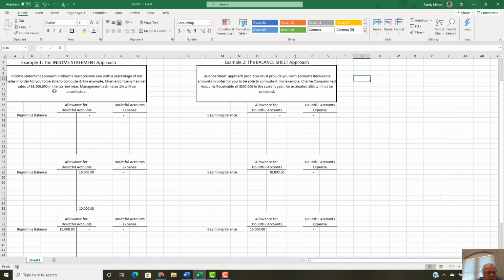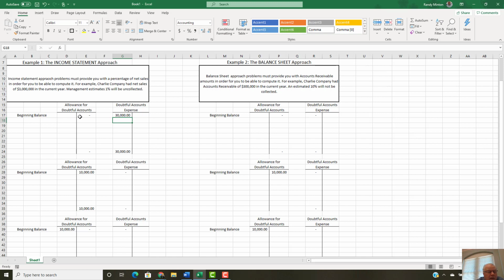Well, with the income statement approach, because we're talking about the income statement, what's on the income statement, revenue and expenses, I'm only concerned with the expense side. So if I make the multiplication of 3 million times 1%, what I'm going to arrive at is 30,000.